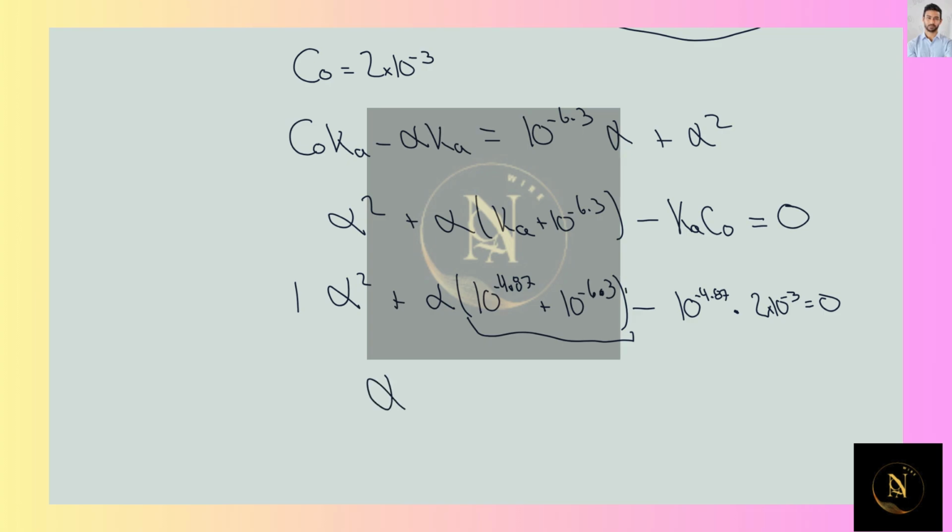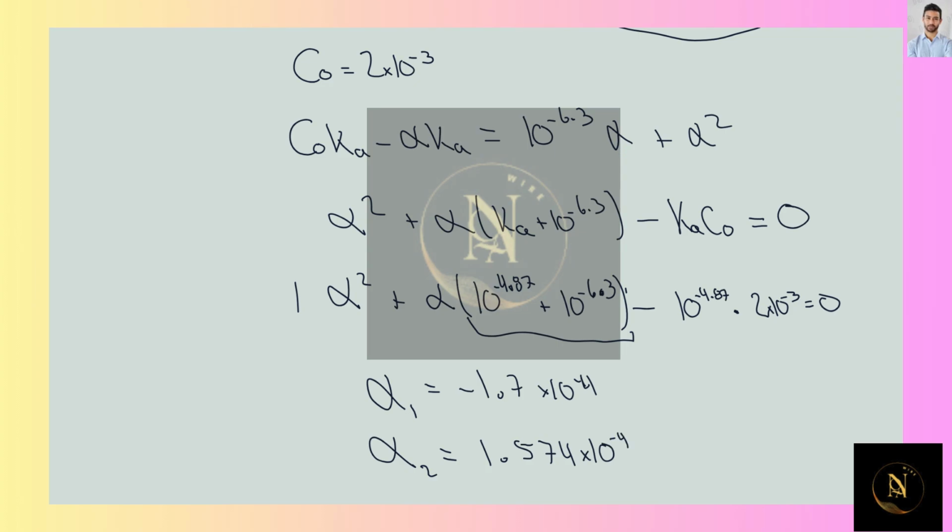The two results that we get for alpha, alpha 1 and alpha 2, are a negative one, that is minus 1.7 times 10 to the minus 4, and a positive one that is 1.574 times 10 to the minus 4. Which one is the only possible?